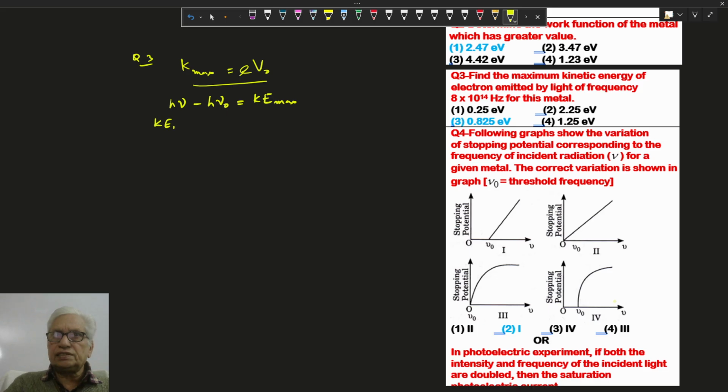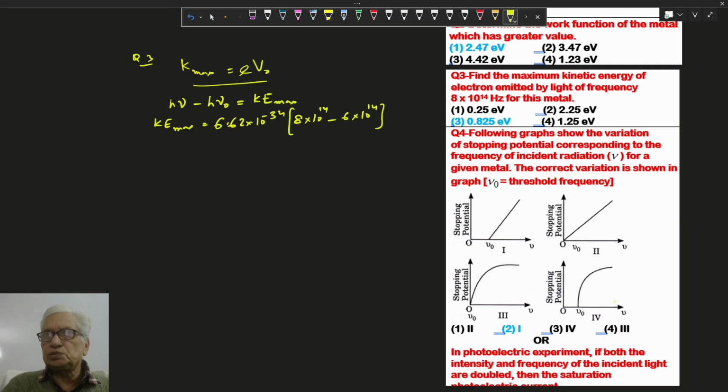After solving it, h is common, 6.62 into 10 to the power minus 34, nu is 8 into 10 to the power 14, minus nu naught, the threshold frequency.